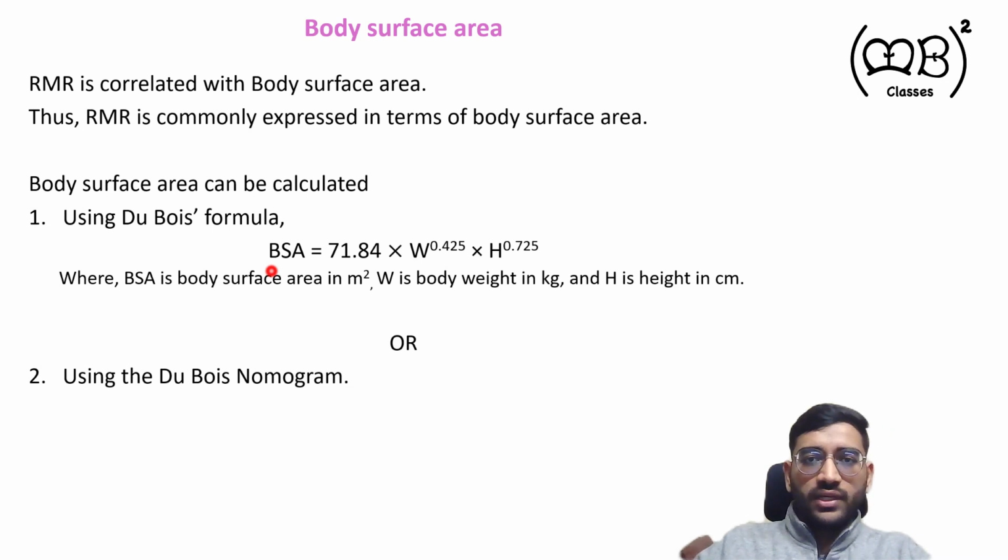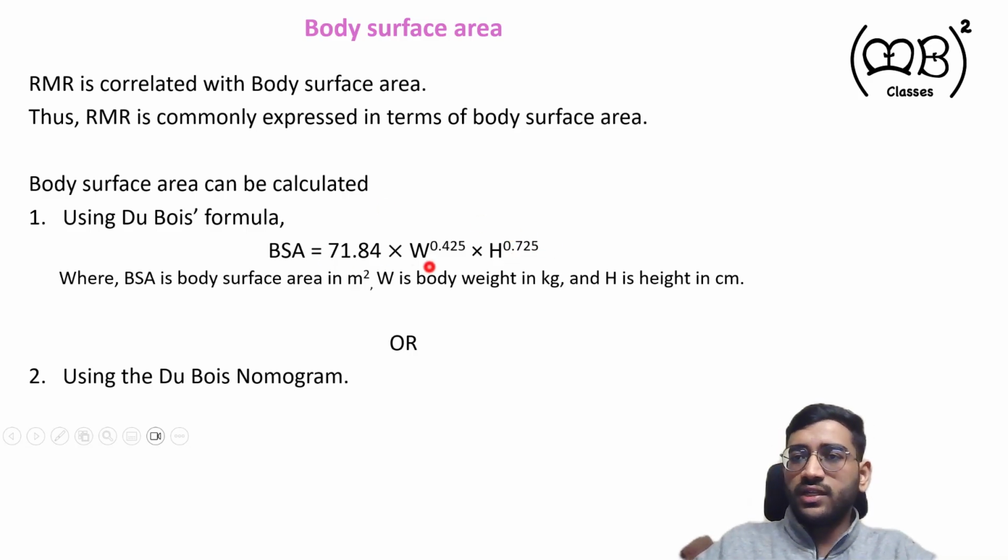So to calculate the body surface area, we can use either the Du Bois formula or we can use the nomogram chart. So the formula is body surface area is 71.84 into the body weight in kilogram raised to the power 0.425 into height in centimeters raised to the power 0.725.